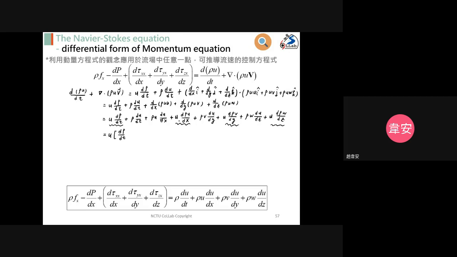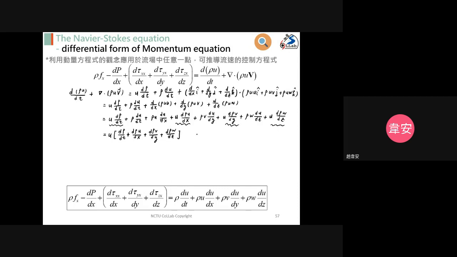And then take a u outside, and this is the rho u dx plus here the rho v dy and here is the rho w dz.